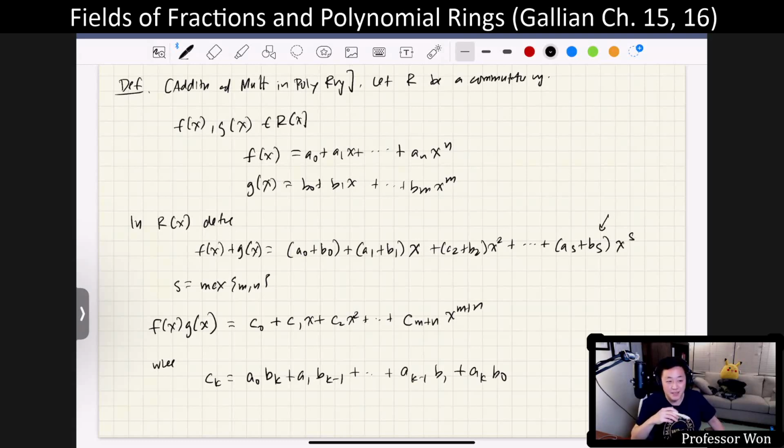I guess we don't need it for addition. For addition, it works because the addition in R is commutative. But okay, associativity of addition, that's easy, but multiplication, and it's a weird multiplication operation when you write it down like this, right? And so checking associativity and distributivity is a little bit annoying.